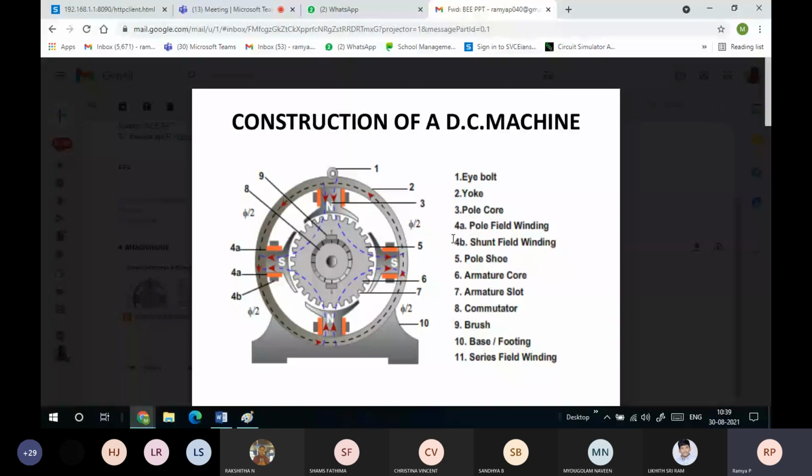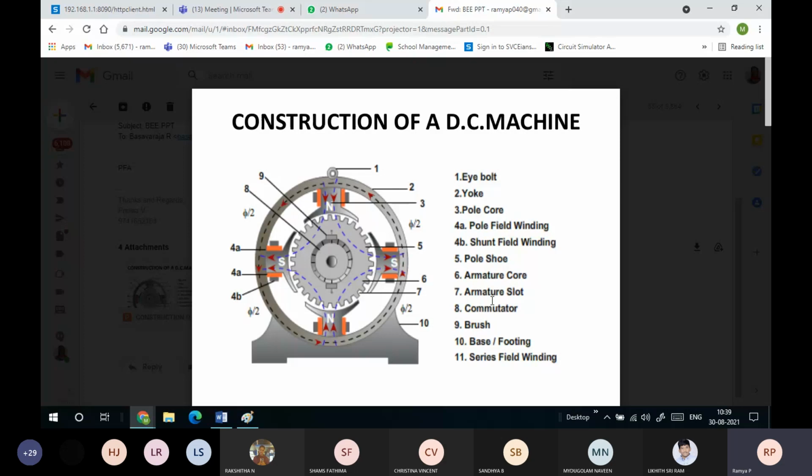So the next one is your armature core and armature slot. I will come back to that. The first thing is your armature core, and we were also speaking about the armature winding. I have told you what the job of the armature winding is, right?